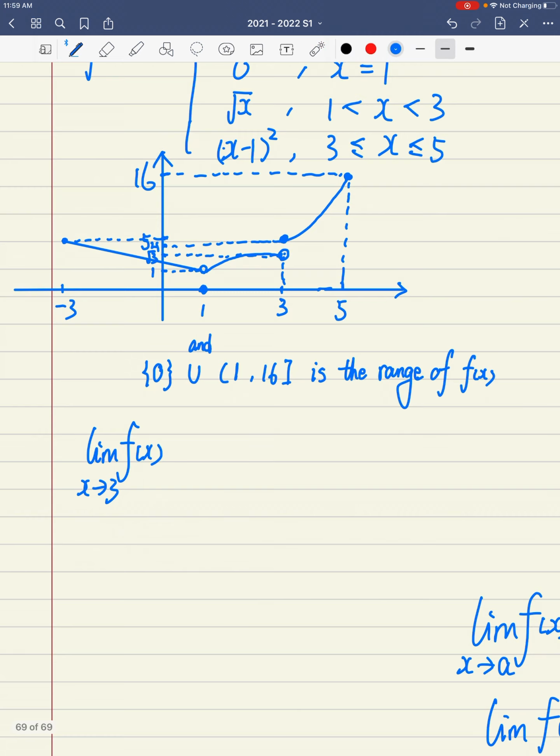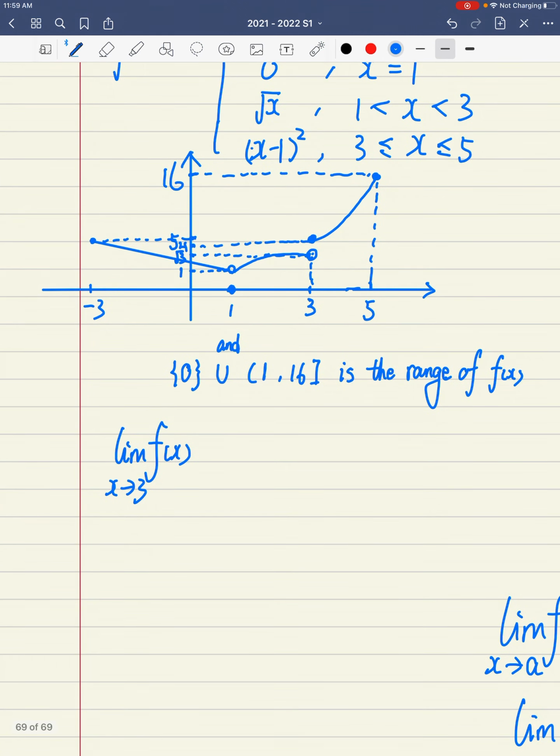So let's figure out the limit from the left first. You approach the point 3 along this curve, which is the square root of x, so it's just the square root of 3.